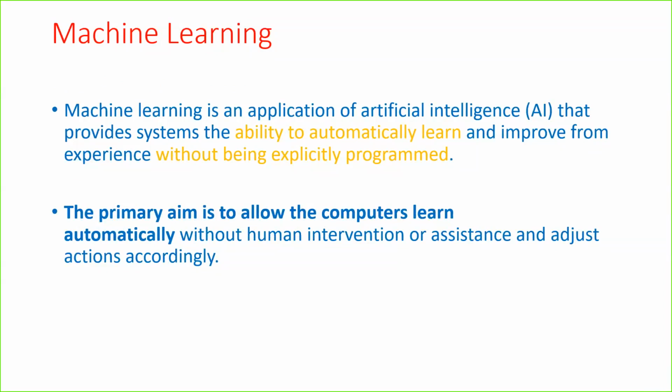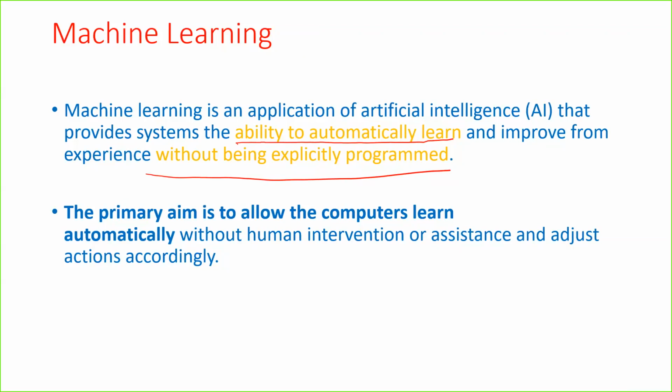So now we are saying that this is an application of artificial intelligence, one kind of artificial intelligence that provides the system the ability to automatically learn. One of the intelligences that humans have is the ability to automatically learn from their experience, right? Similarly, machine learning provides the system the ability to automatically learn and improve from experience without being explicitly programmed. Like you see, take the desert classification problem.